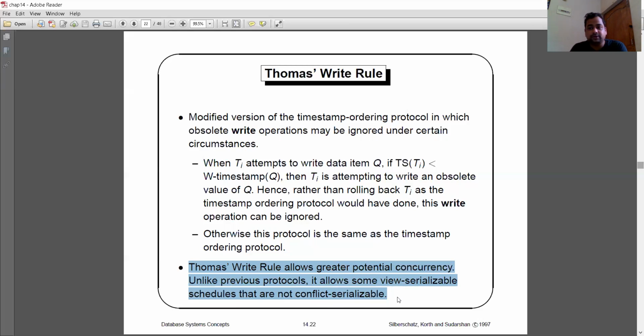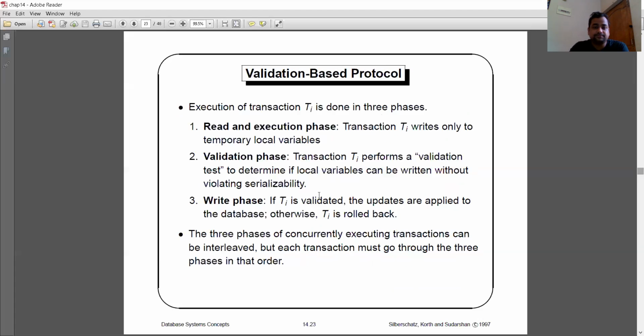We know there are two types of serializability: either conflict serializable or view serializable. So no other protocol satisfies view serializability apart from this Thomas write rule. This is the biggest advantage here: it can be associated with view serializable schedules.